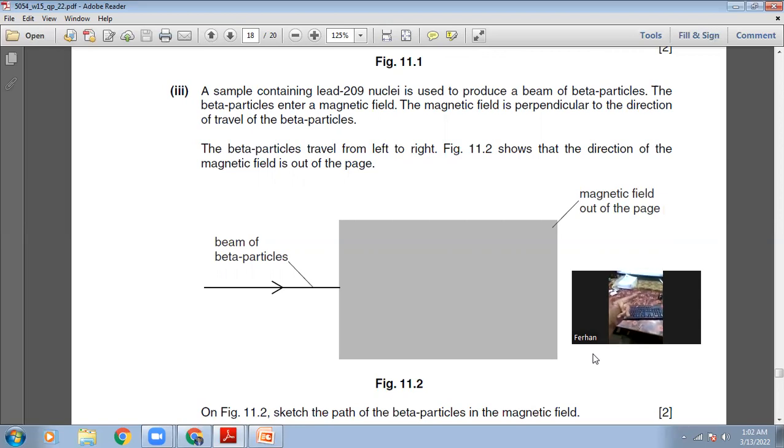I will stretch my fingers like this: F, M, C. F means the force, M means the magnetic field, and the middle finger shows the current. The magnetic field is towards me, it's out of the page. The charged particles are going from left to right.